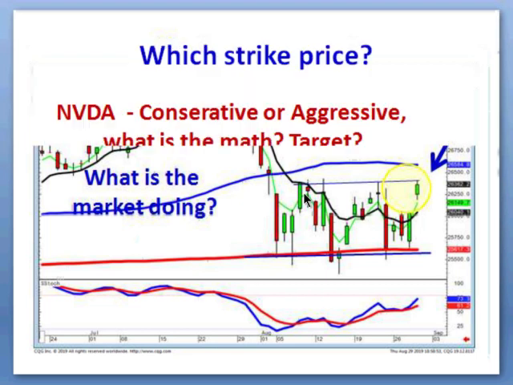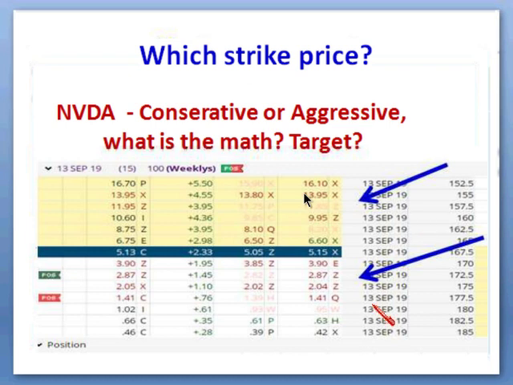Do I want to be aggressive and buy some of the September 13 calls, I've picked out, 15 trading days time frame, do I go out and buy some of these?